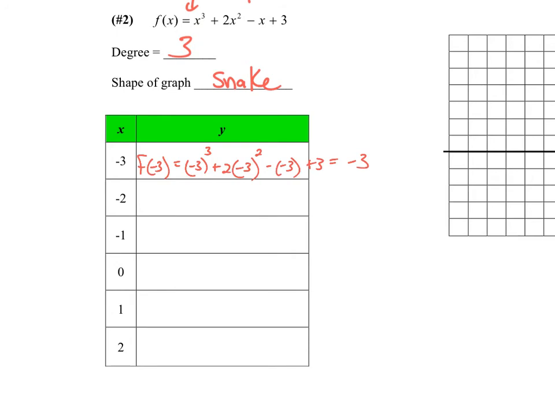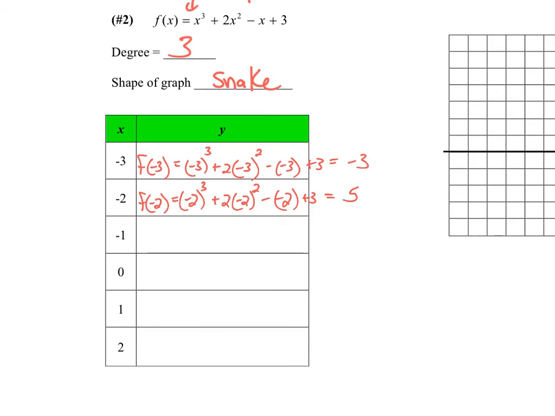Then we do the same thing for -2. f of -2 is (-2) to the third power plus 2 times (-2) squared minus (-2) plus 3. You type it all in your calculator just how it looks, and you'd end up getting 5.